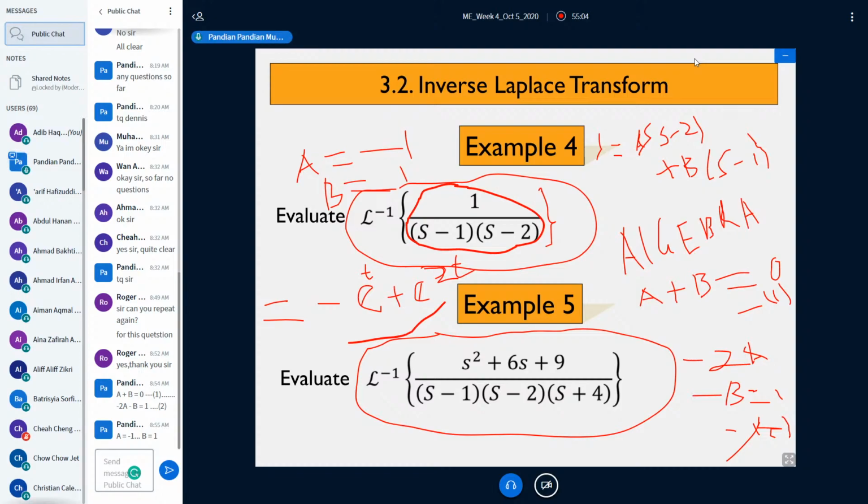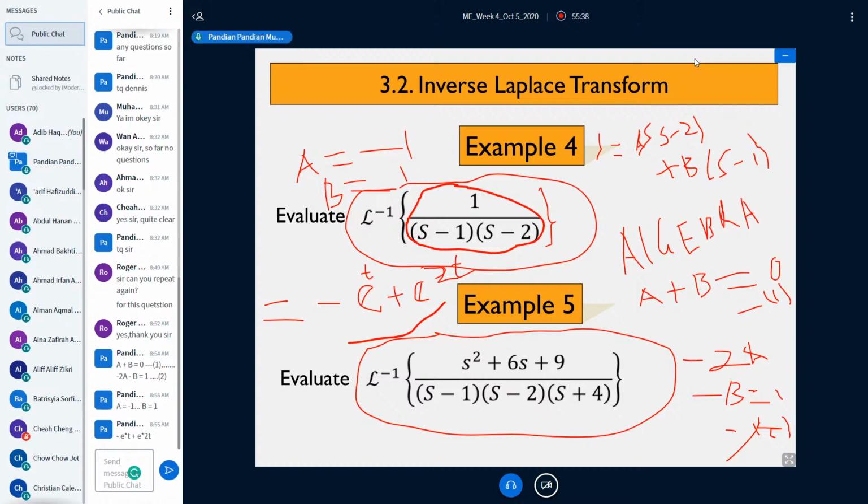Now, the inverse Laplace of that, the final answer, inverse Laplace of 1 over (s minus 1)(s minus 2), take down, yeah? The answer is minus e power t plus e power 2t. This is the answer, class. This is the answer.